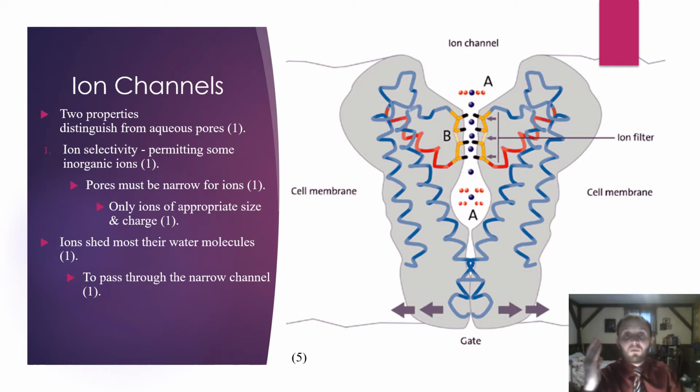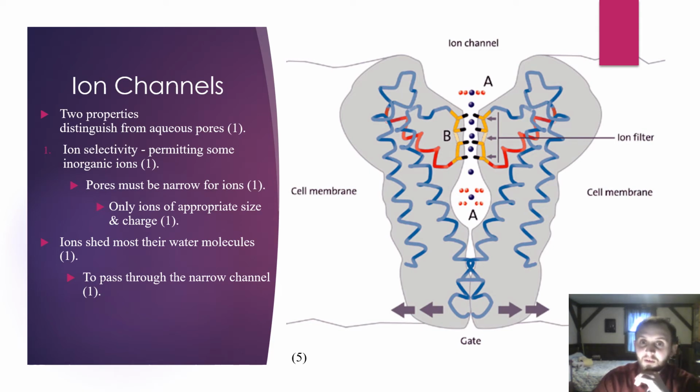So what's important is that these pores must be narrow, narrow enough in places to force permeating ions into intimate contact with the walls of the channel, so that only ions of appropriate size and charge can pass. In fact, this is done by shedding the water molecules.